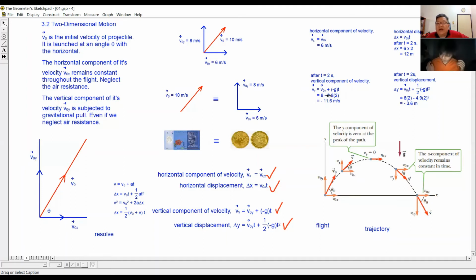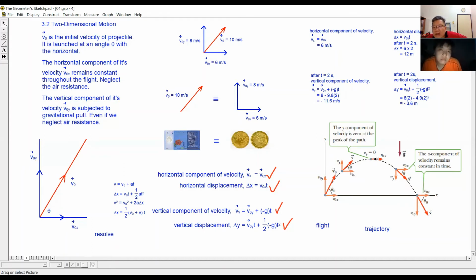Then this is subjected to negative 9.8, and after 2 seconds, what happened? The answer is negative 11.6 meter per second. That means after 2 seconds, it is no longer moving up, it is coming down, right? That's why we have this negative 11.6.